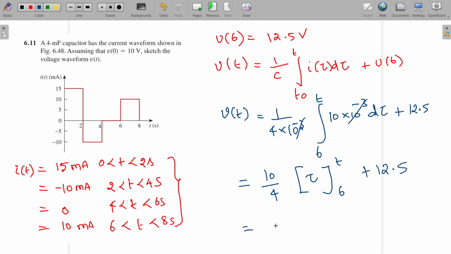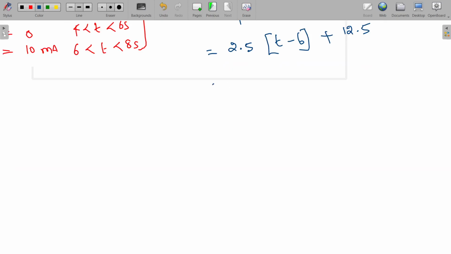So this is equal to 2.5, since 10 by 4 is 2.5, and this becomes t minus 6 when you apply the upper limit and the lower limit, plus this 12.5. So this is equal to 2.5t minus 2.5 into 6, that is 15, plus 12.5.